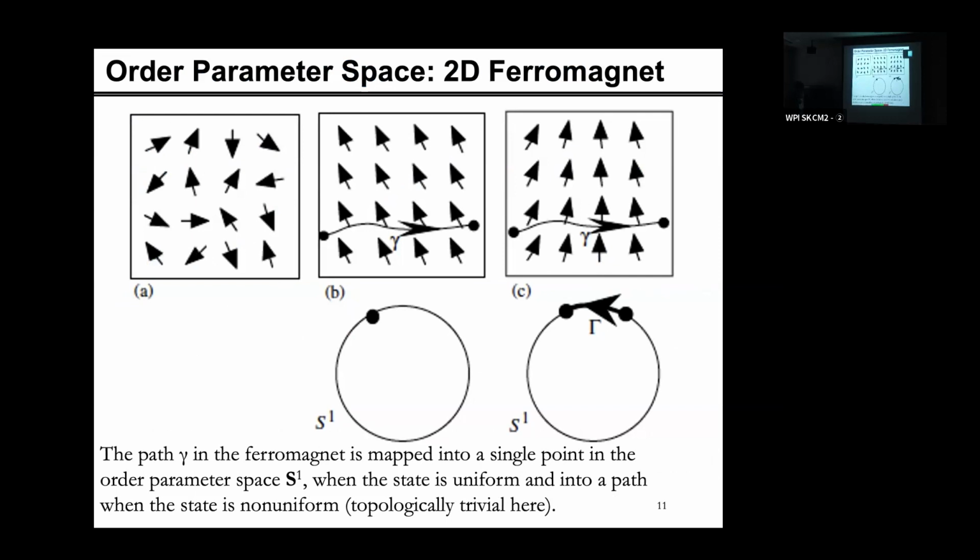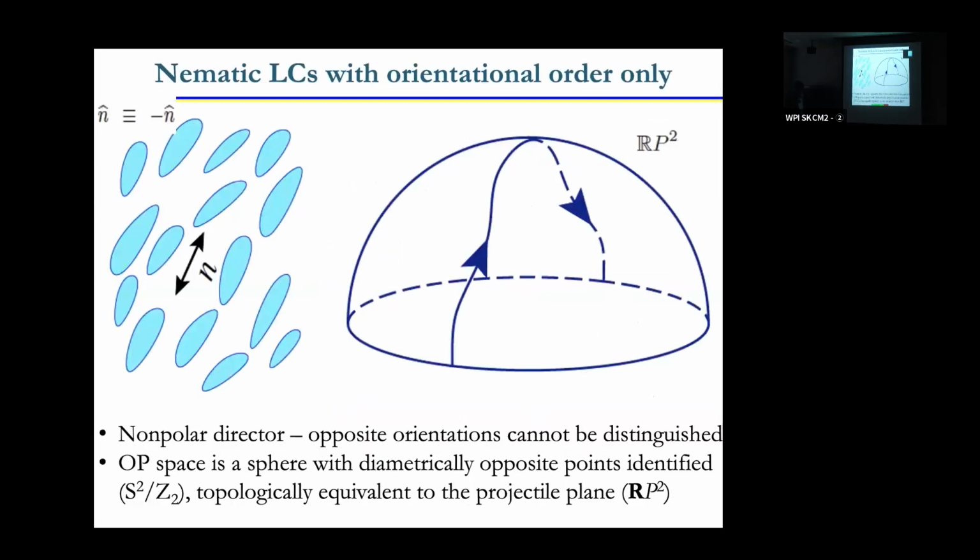Okay, so now let's take a look at liquid crystal in three-dimensional space, right? So by now, I hope, you understood how unit vector fields can be characterized by S0, S1, S2 spheres, depending on the dimensionality of the physical systems.